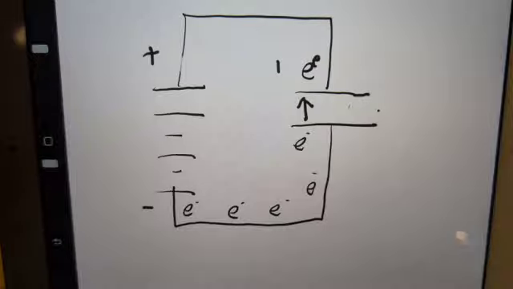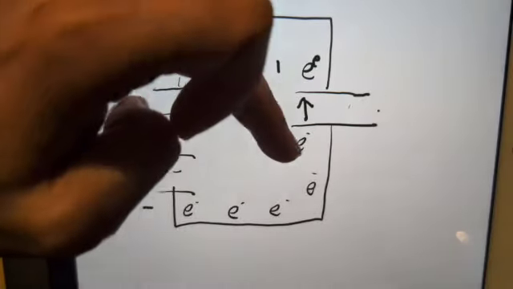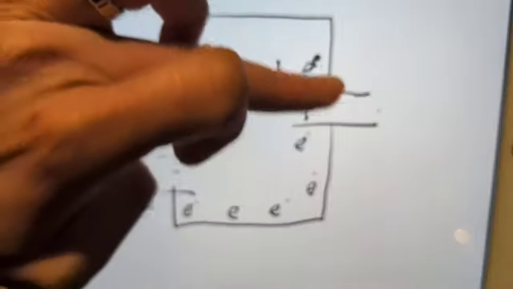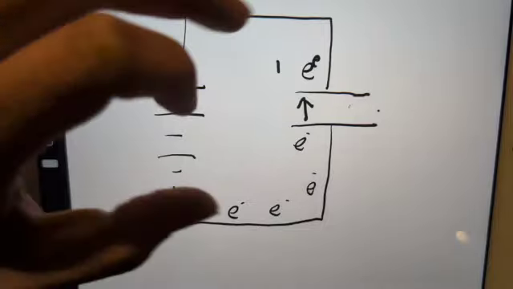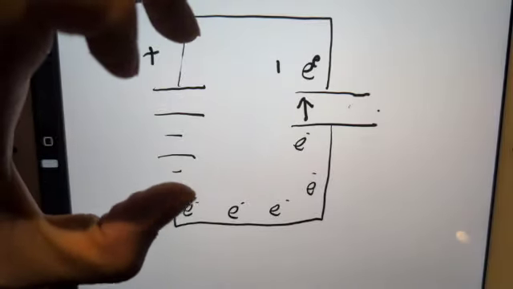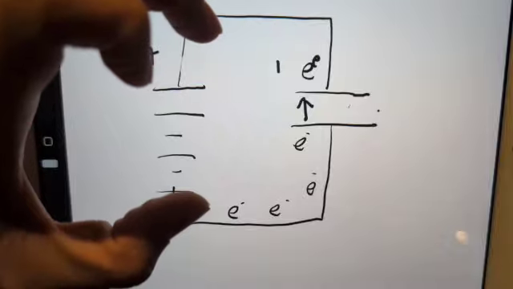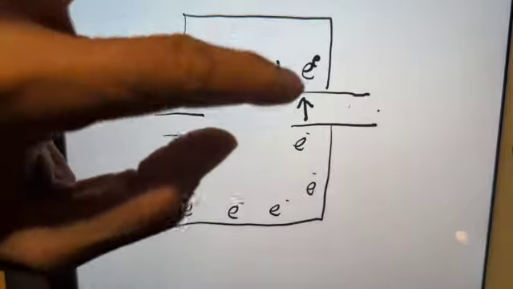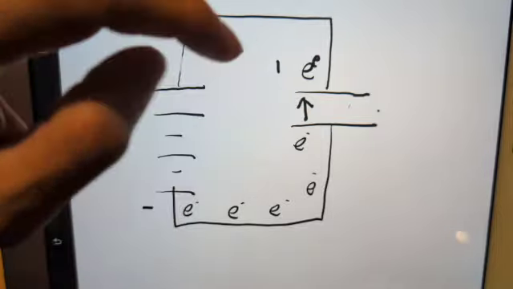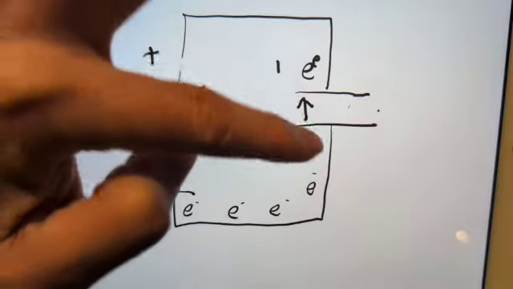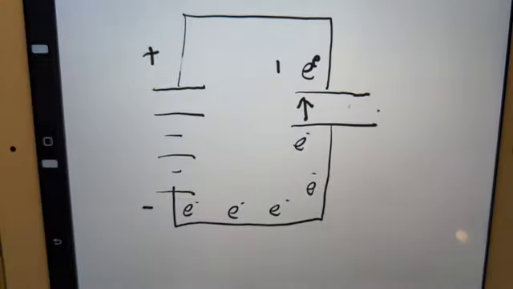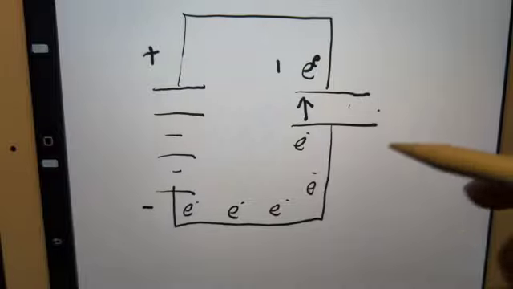While the negative electrons try to go over to the positive side of the battery, because there's a pull there, as these electrons get attracted, they cannot physically cross the gap. They get collected on this side.